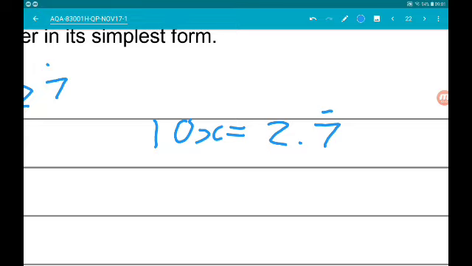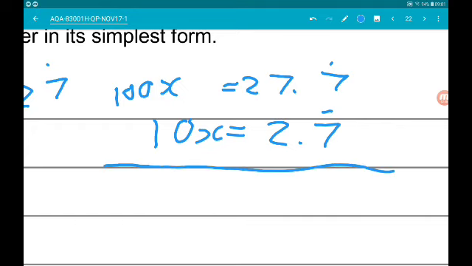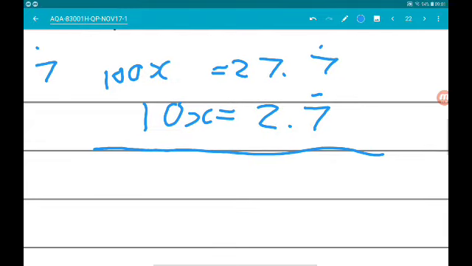So we're going to multiply again by 10. So we're going to get 100x is equal to 27.7 recurring. Now we can lop off the recurring part using subtraction. So 100x minus 10x is 90x.